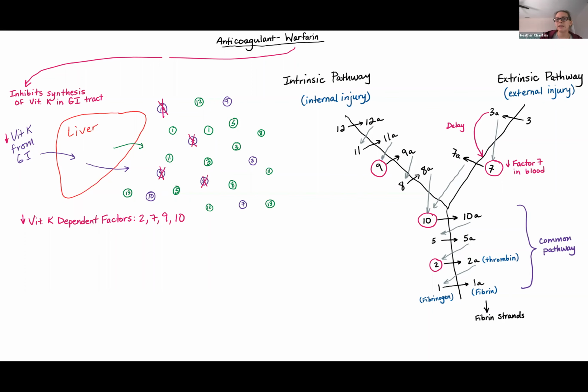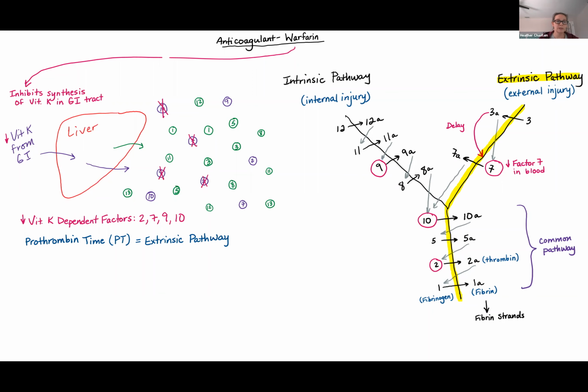Now, because it affects the extrinsic pathway, to measure how quickly the extrinsic pathway is coagulating, we use prothrombin time, or PT. Prothrombin time measures the clotting time of the extrinsic pathway.